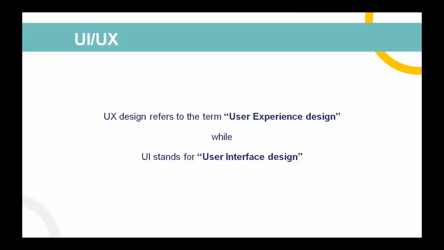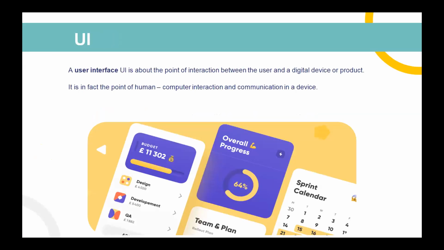UX design refers to user experience design, and UI stands for user interface design. Both these elements are crucial to a product and work closely together. But despite their professional relationship, the roles themselves are quite different, referring to very different aspects of the product development process and the design discipline.